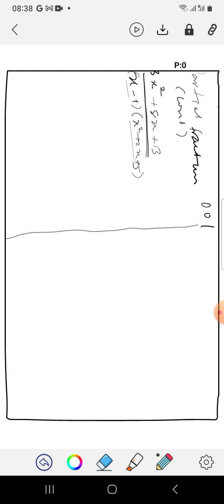If you look at the quadratic one, we can't quite factorize that because I can't think of any two numbers we will multiply to give 5, such that when we add them, they will give us 2. So practically, that part of the denominator cannot be simplified.